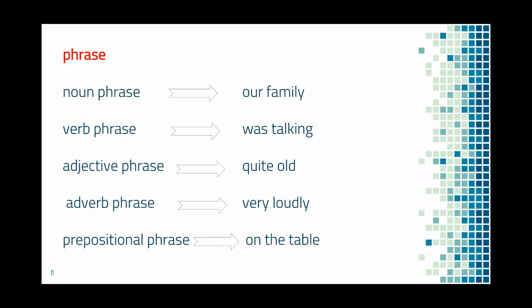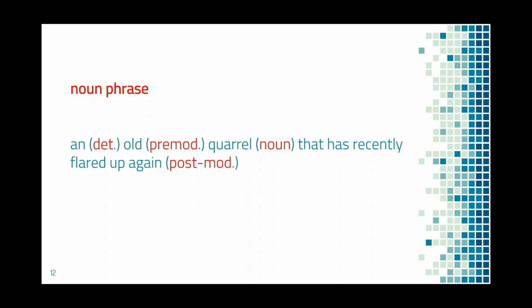Let's go over these one by one in more detail. Now, a noun phrase, this is the form, this is the structure. And what do I mean by a noun phrase? Well, in order to understand a noun phrase, you need to understand that the main word in a noun phrase is a noun or a pronoun.